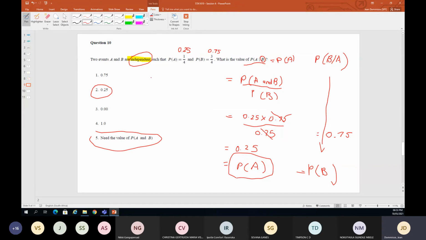When they talk independence, mutually exclusive, then they're already giving you some information. And sometimes that is just the extra information that you need to calculate the answer.